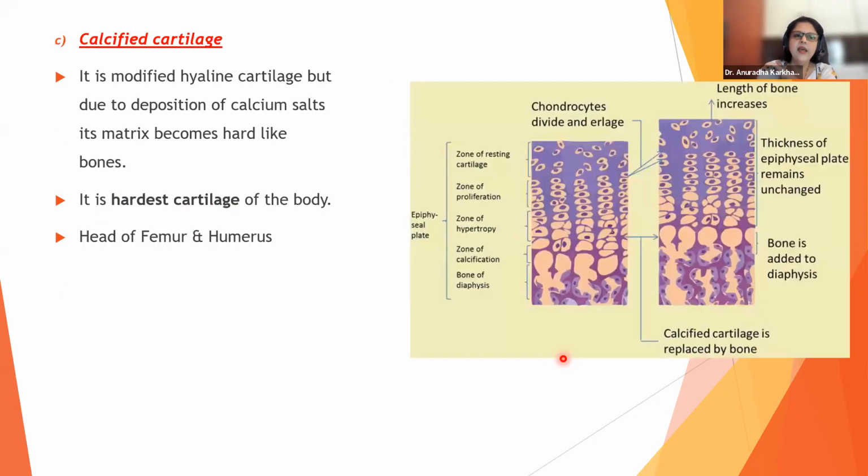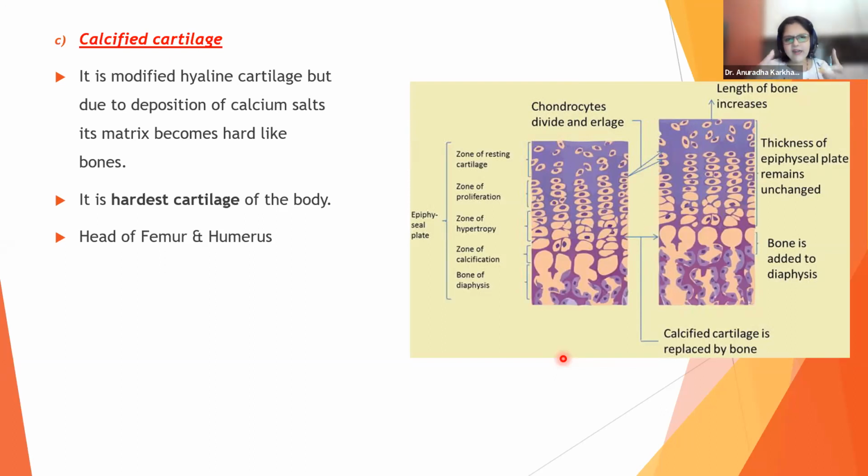Okay? And lastly, we have got calcified cartilage. It is modified hyaline cartilage, but due to the deposition of calcium salts, its matrix becomes hard like bones. So this is actually hyaline cartilage only, but as we age, right? The more we become older and older, there will be calcification of the cartilages. That means there will be calcium deposits taking place in the hyaline cartilage, which will make it hard.